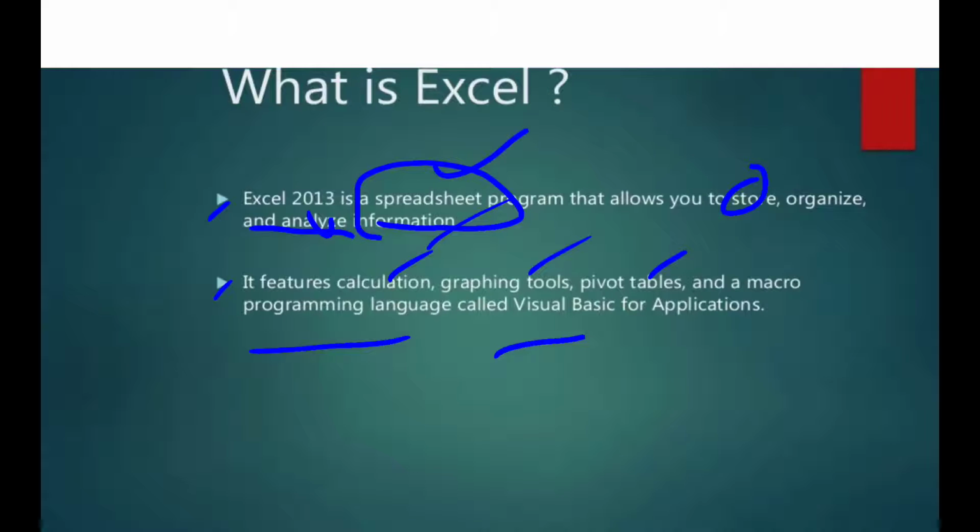So in this Excel, the features are calculation, graphing, pivot tables and macro programming language like VB, Visual Basic. So like this, applications we can use in Excel. So this is Excel.